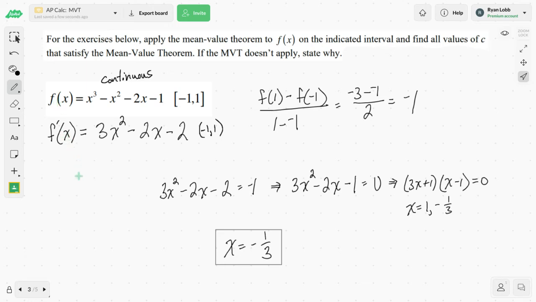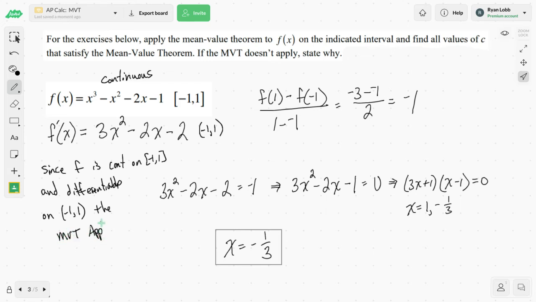So then by the mean value theorem, in terms of justifications: since f is continuous on [-1, 1] and differentiable on (-1, 1), the mean value theorem applies.